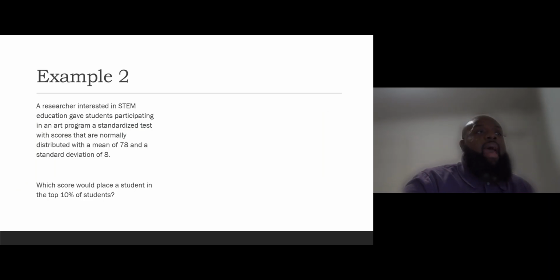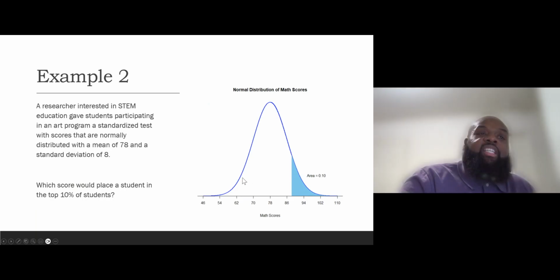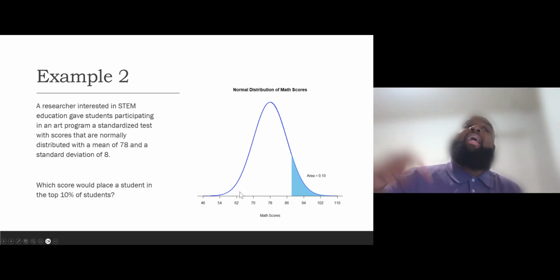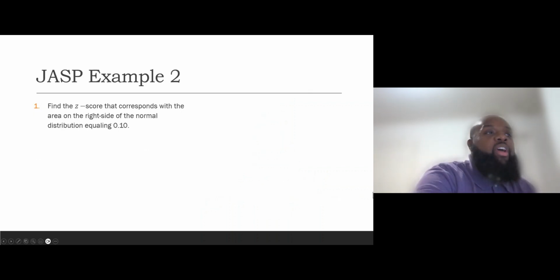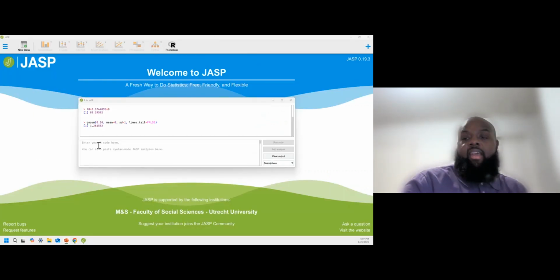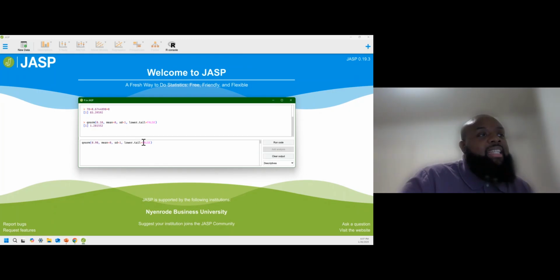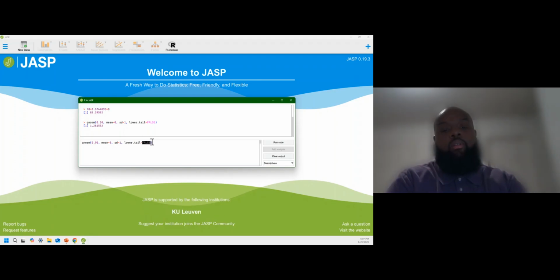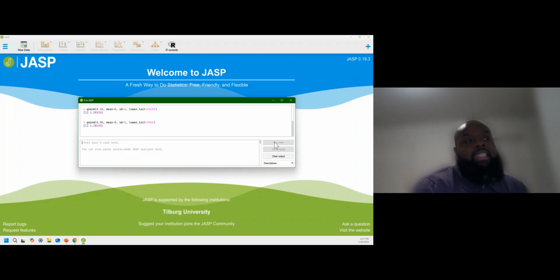If I go back to this picture, that's the last one, if this top area is 0.10, then this lower part would be 1 minus 0.10, and 1 minus 0.10 is 0.9. So if I wanted to, I could adjust this code by changing this to a 0.9 and doing lower.tail equals true. I'll run this code and you're going to see that I get that same value.